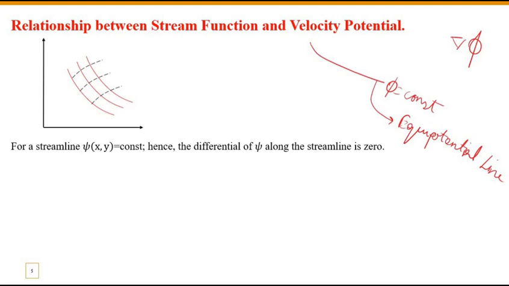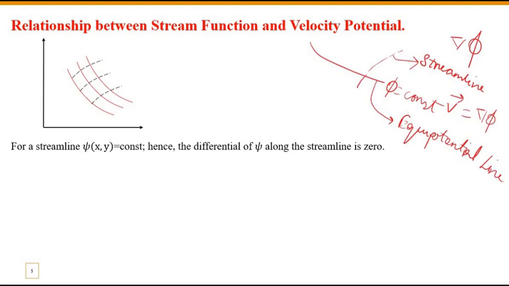If I sketch such a line, which will also be perpendicular to this equipotential line, and this is my gradient line, so I can define this as a streamline, correct? Because it is also perpendicular to my equipotential line. And also we know one more thing, that velocity vector is equal to gradient of phi, right? We have derived this just a few moments ago.